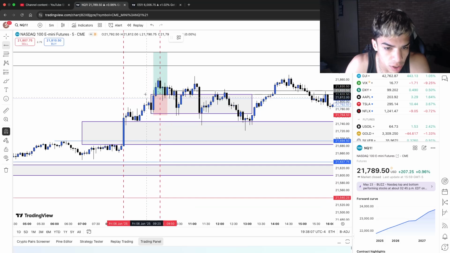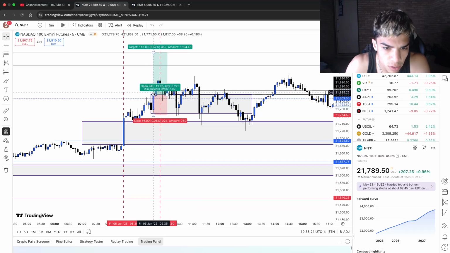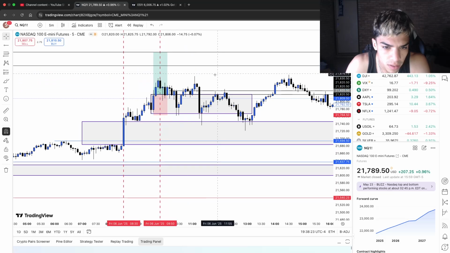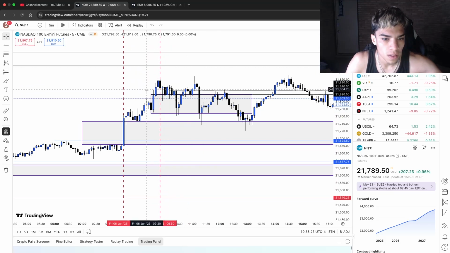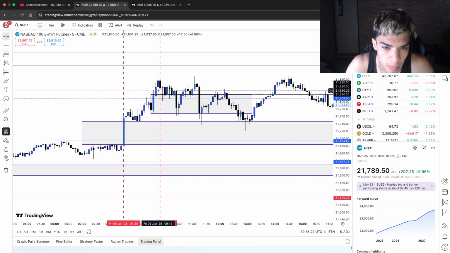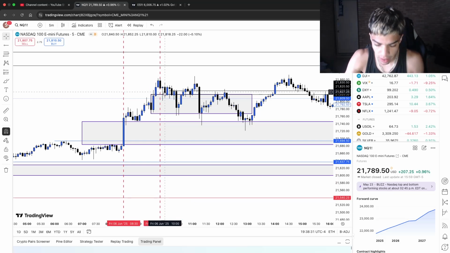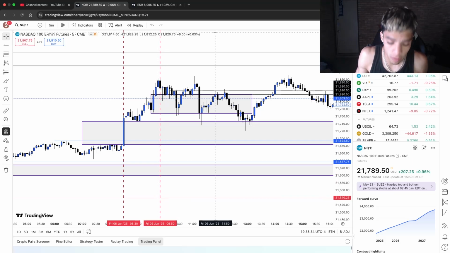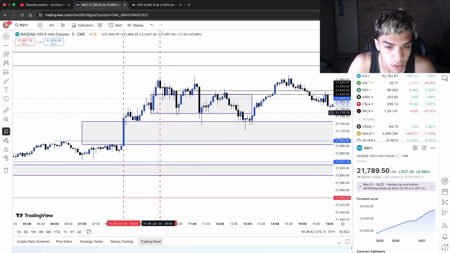On this candlestick right here, and this one right here, we break structure to the upside. Boom, we're in an uptrend. That's a confirmation confluence on the 5 minute. So now we're looking for a fair value gap, order block, breaker block, equilibrium. So this is gonna be our breaker block / order block.